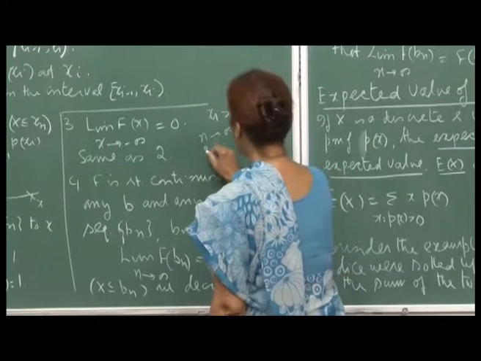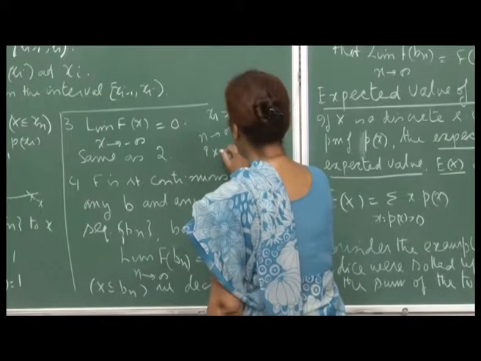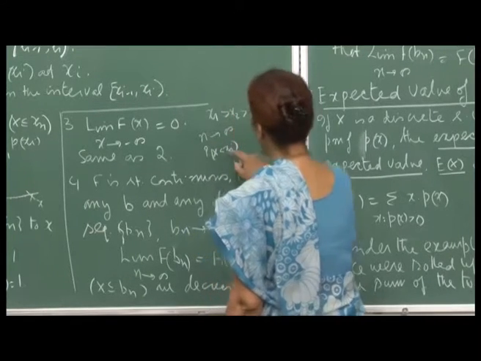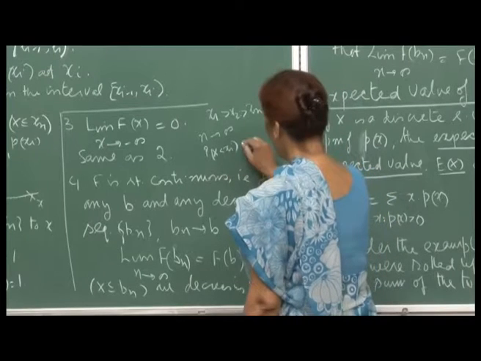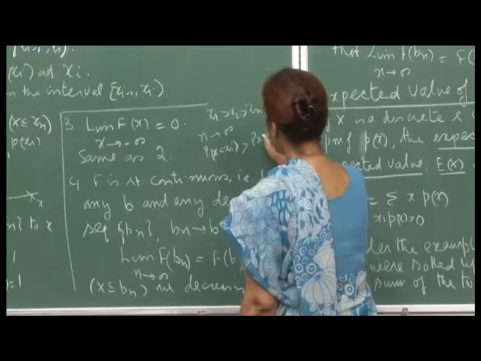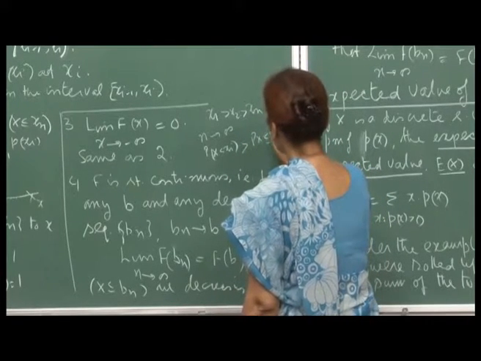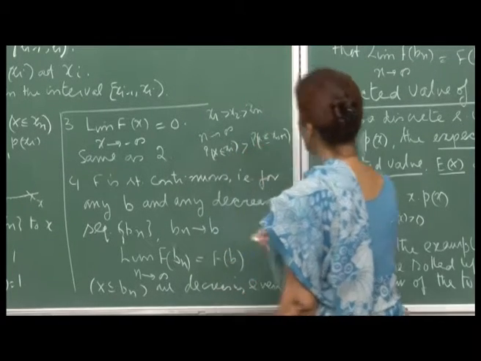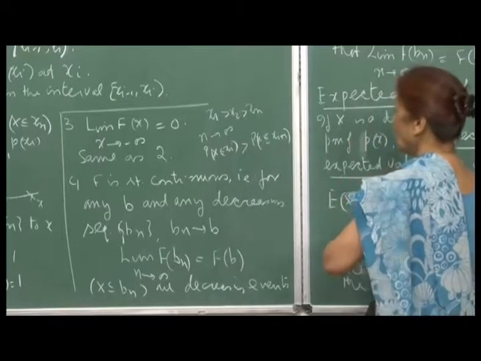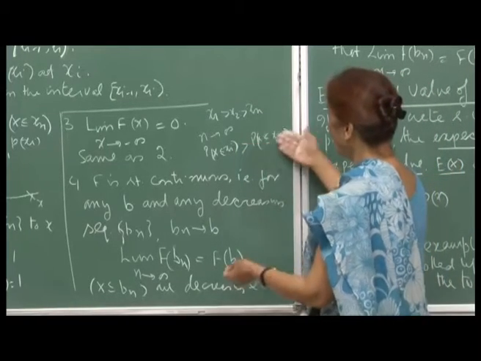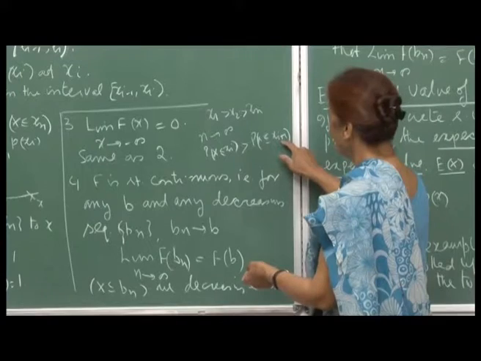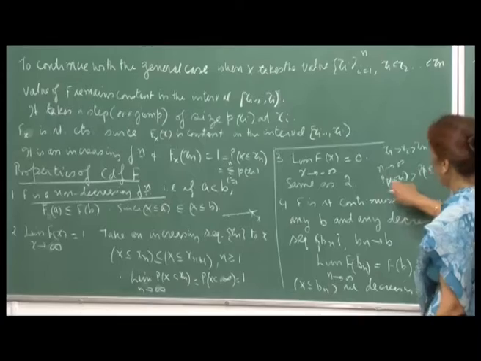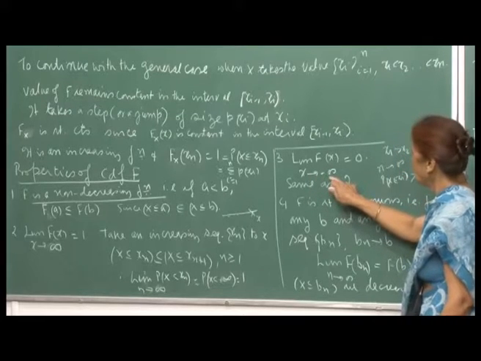You will be considering the event X less than or equal to x_i, and this is bigger than the probability of X less than or equal to x_{i+1}. So this is the whole idea: just reverse the argument, and as you go on there will be nothing common as n goes to infinity, because x goes to minus infinity.